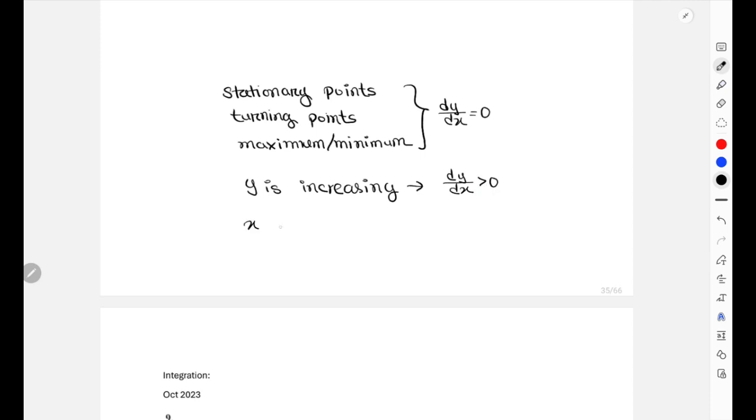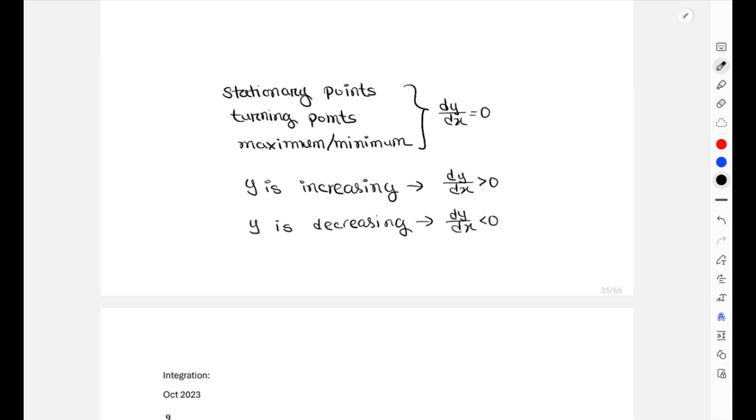And if the equation says y is decreasing, in that case it indicates dy by dx is less than 0. These are a few points that you need to remember for your exam tomorrow.